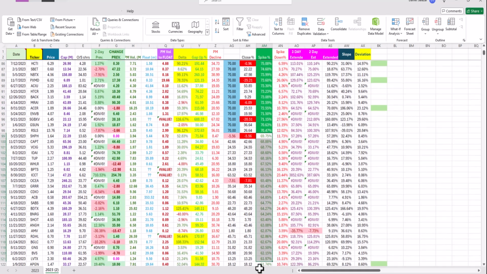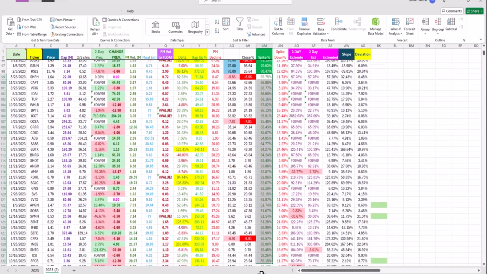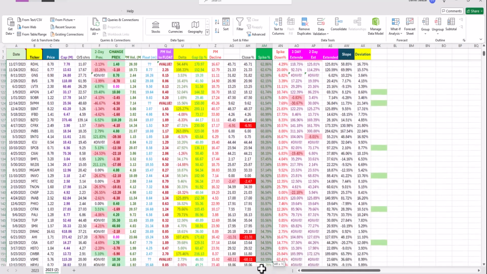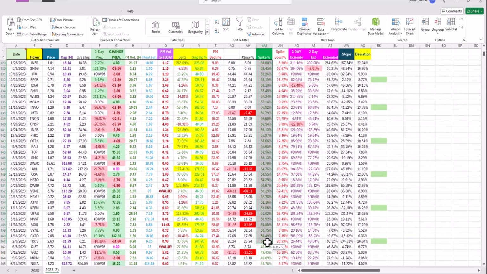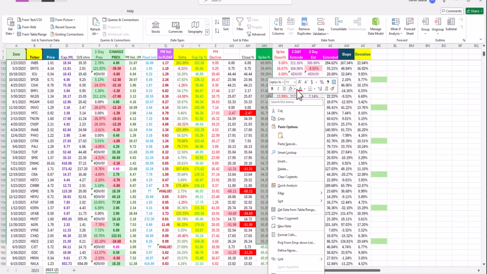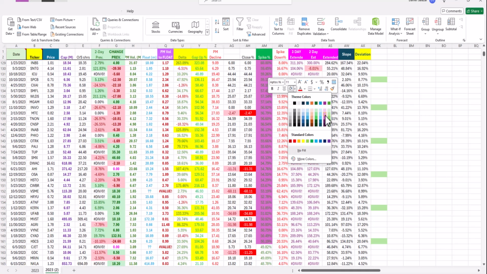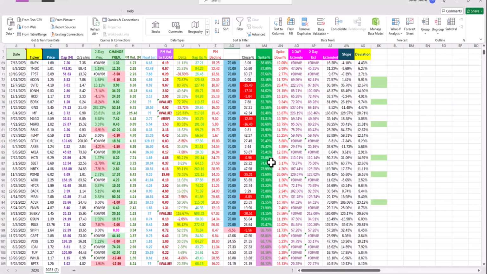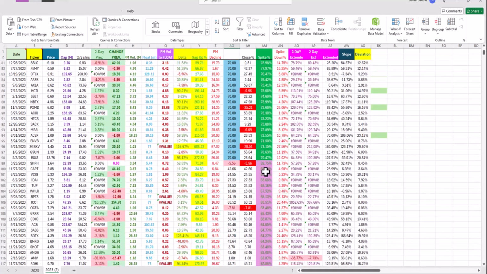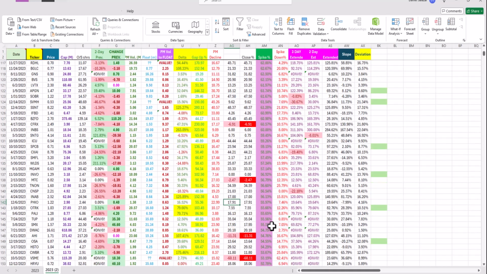Now, just so it's easier on the eyes, I'm going to highlight anything that has spiked over 50 in this nice color right here, purple. So anything over 70% is green, and anything between 70 and 50 is this purple color.